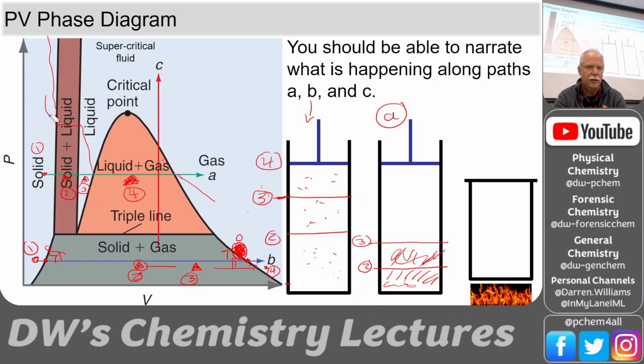Yeah, so that would be an isotherm through this drawing. So as we go across here on a straight line, we are actually raising the temperature. And so that's again why the solid is melting and why the liquid is turning to gas.